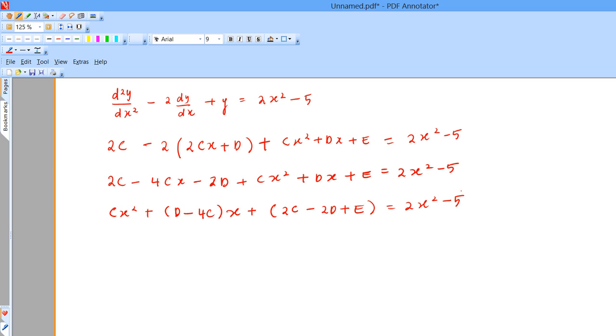And then we can compare coefficients. So the coefficient of x square is c, so we get c equal to the right hand side, c equal to 2.